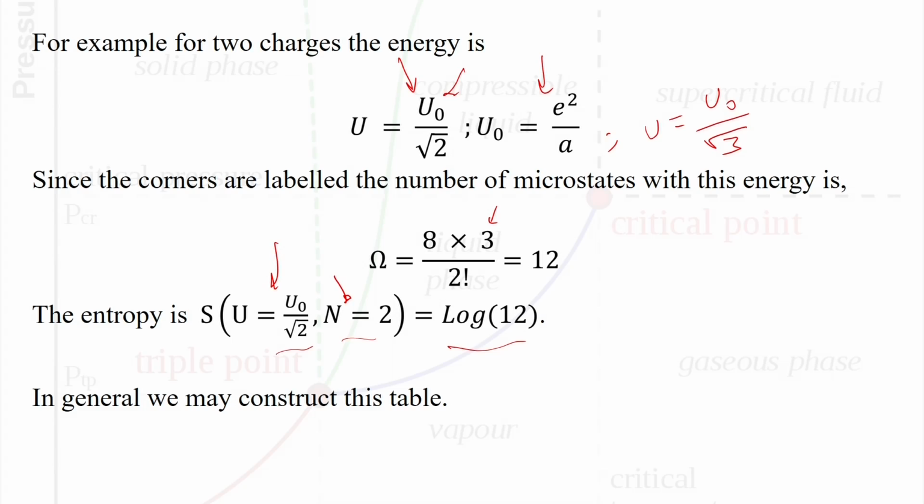In general we may construct a table if there are more charges. There can only be 8 at most, but if there are more charges than 2, things become complicated, because there are many more possibilities for the energy, so we will have to construct a table.